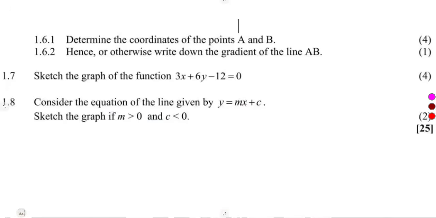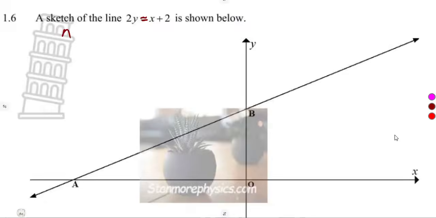And from this sketch, question 1.61 was to determine the coordinates of the points A and B. The coordinates, finding the x value and the y value. Knowing this, we have got a point. So what is it at A and B? This is our A and this is our B.